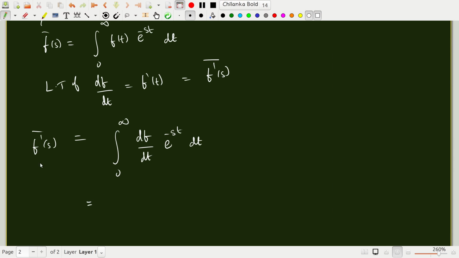That is the definition of the Laplace transform of df dt. If you want the Laplace transform of any function, you have to put that function. If you want the Laplace transform of f of t, you put f of t. If you want the Laplace transform of df dt, you put df dt here. Now we integrate by parts.